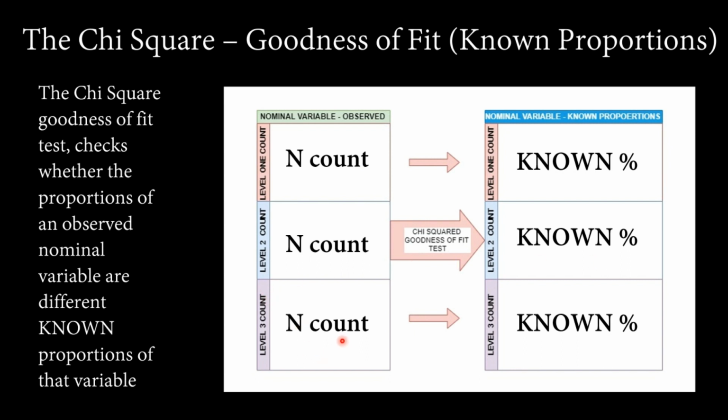I count how many Korean speakers, and I compare it to the known proportion of Korean speakers at the university. This is a far more useful test because basically what it's telling me is whether the setting where I am counting the frequencies is parallel, equal to, or different from the known proportions.